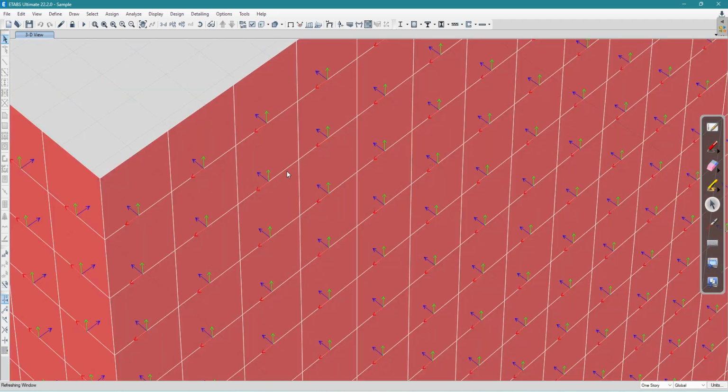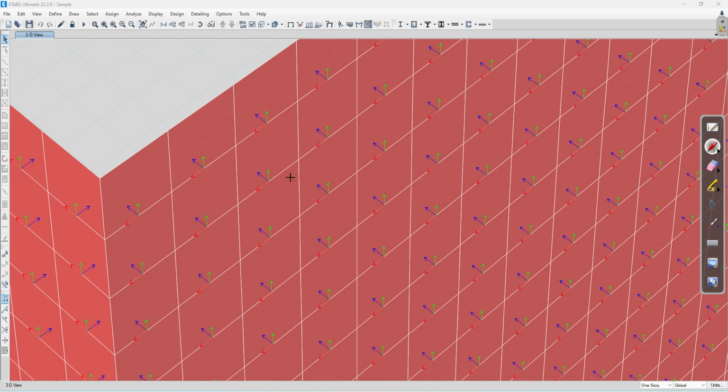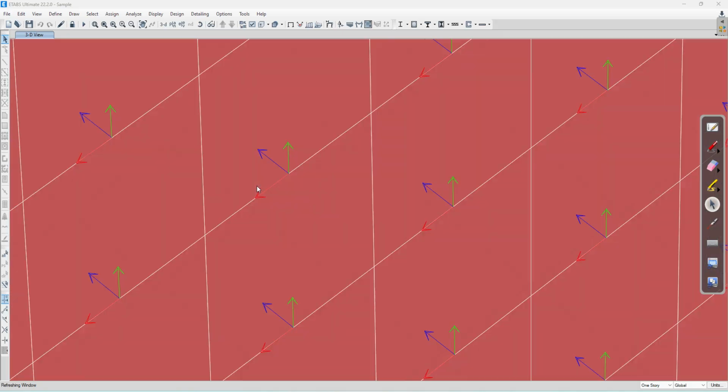If you see the local axis for walls, red is local axis 1 and green is local axis 2.